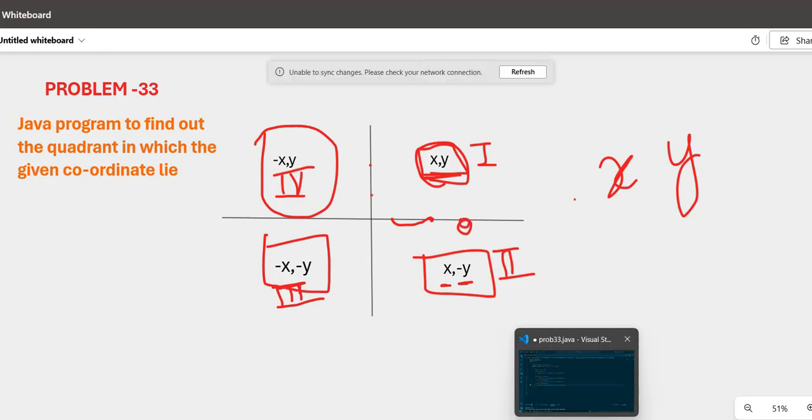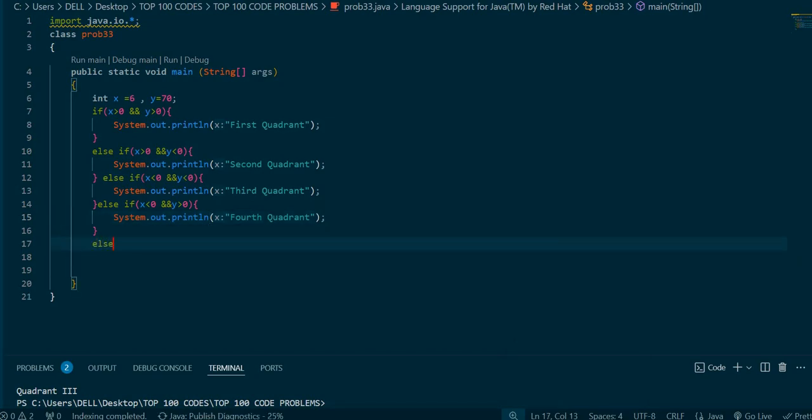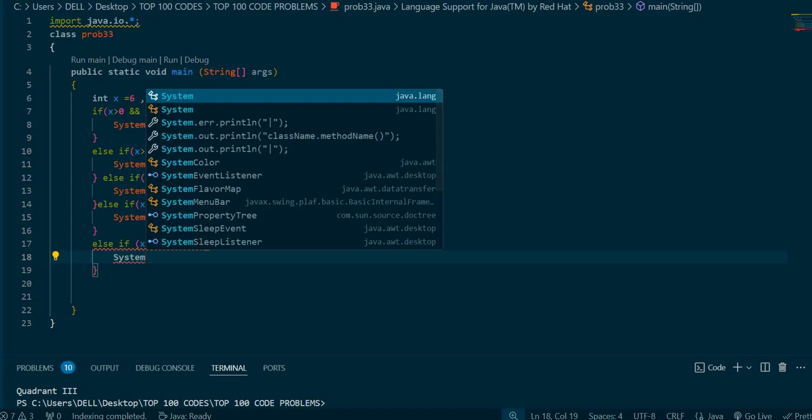So if this is the case, again we will use else if. Suppose the value of x is equal to 0 but the value of y is not equal to 0. Then we will say that the point is lying on the y-axis.